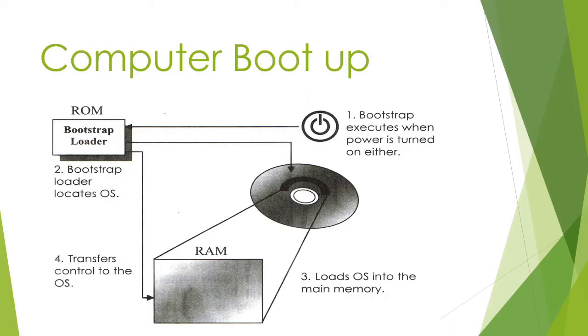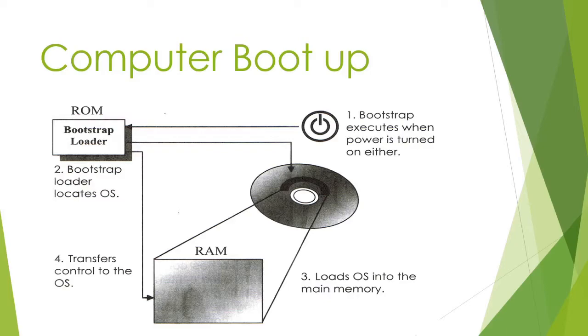So, our next topic is computer boot up. How does our computer system boot up? Number one, when we press the power button, automatically your computer system will activate the bootstrap loader. The bootstrap loader is connected to our hard disk or our SSD where our operating system resides.